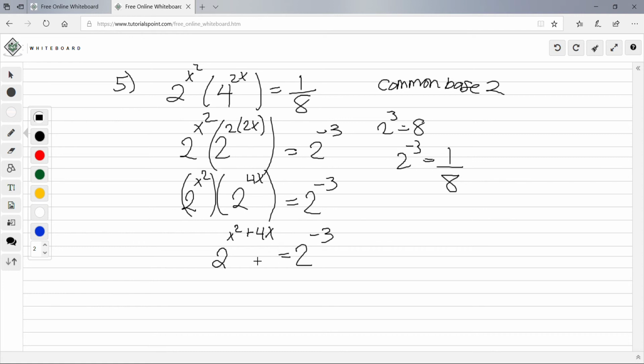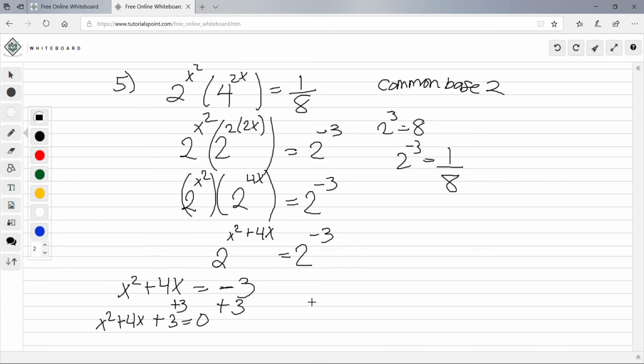We have the same base, so we just ignore it for now. Let's get the right side to 0, so we add 3 to both sides. We get x squared plus 4x plus 3 equals 0.